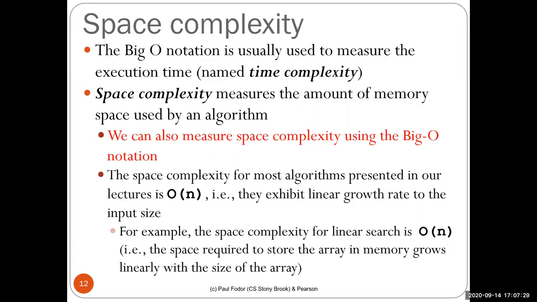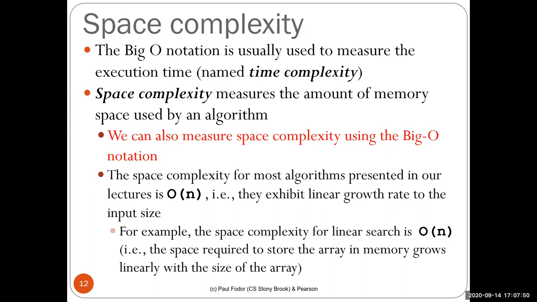So for instance, the space that is taken by the algorithm to find an element in an array is the size of the array, because you only store the elements of the array and the extra element that is the key that you're looking for.